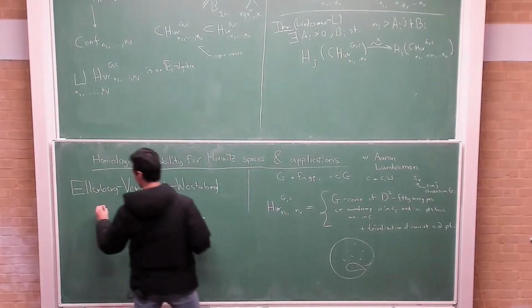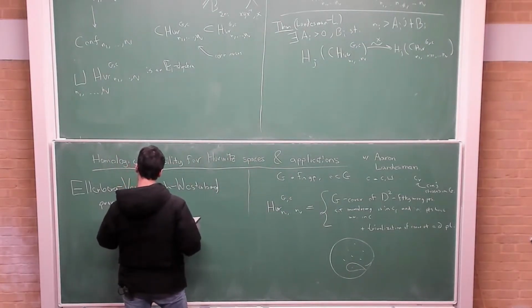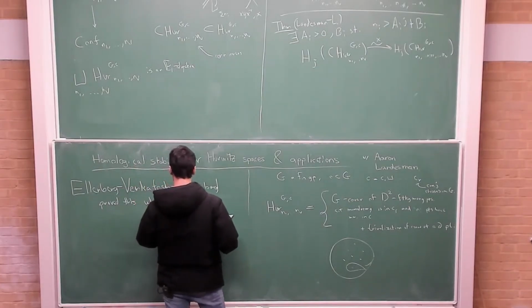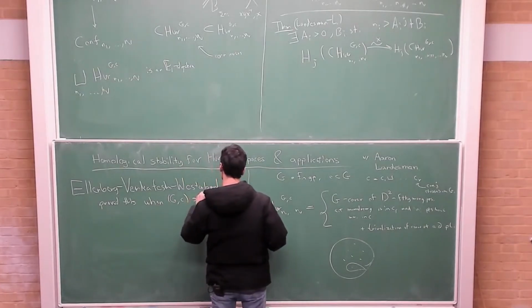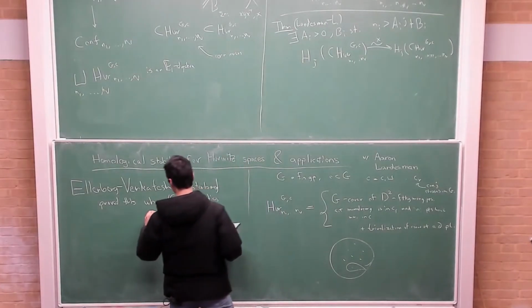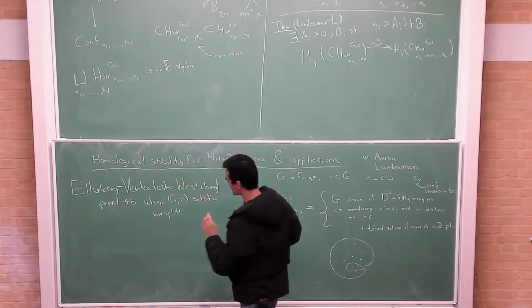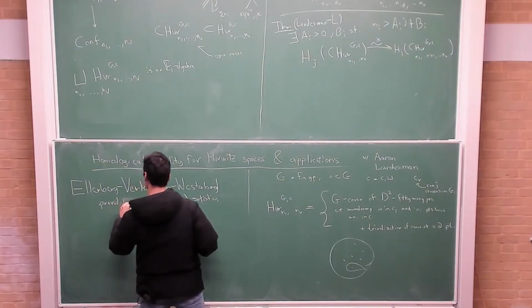They proved this result in the special case when G and C satisfy what they call the non-splitting condition. They didn't prove this exact result. They proved homological stability, I guess I should say, for Hurwitz spaces.